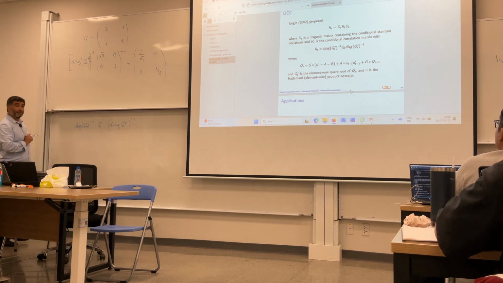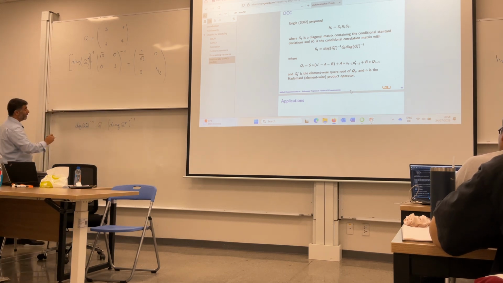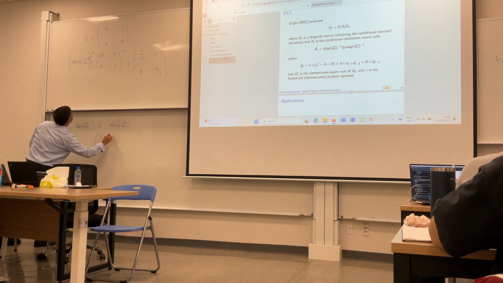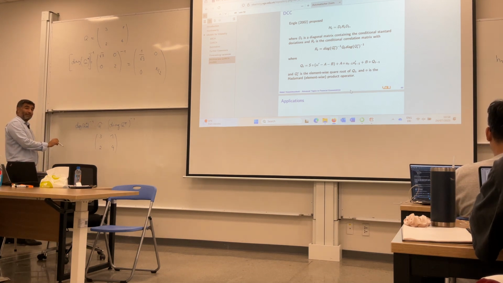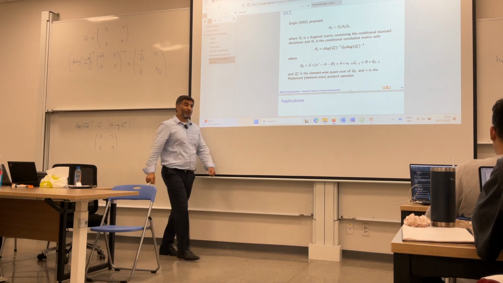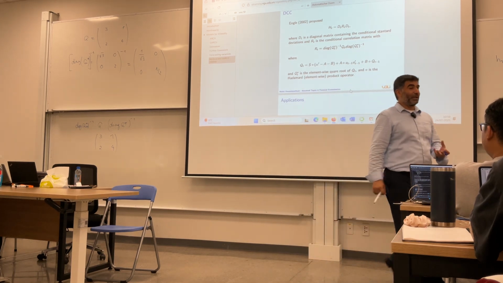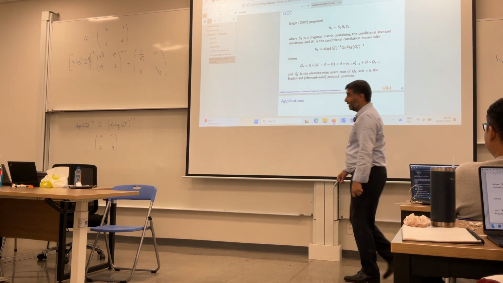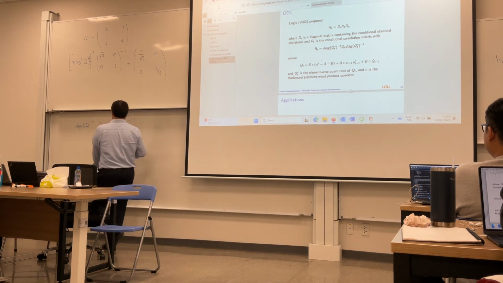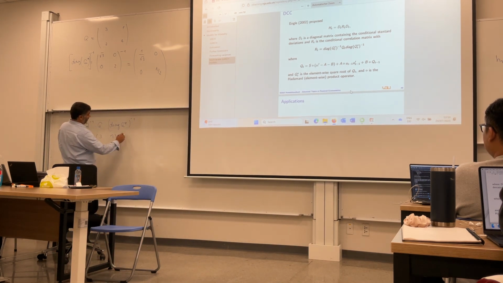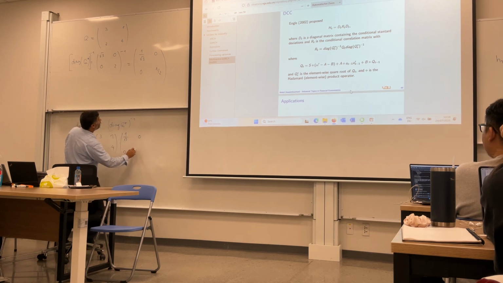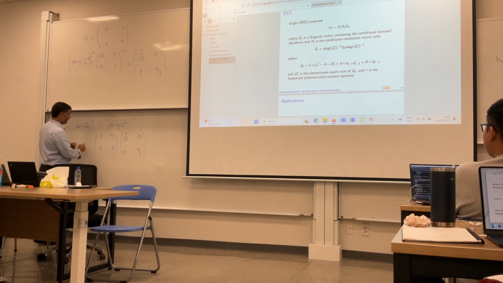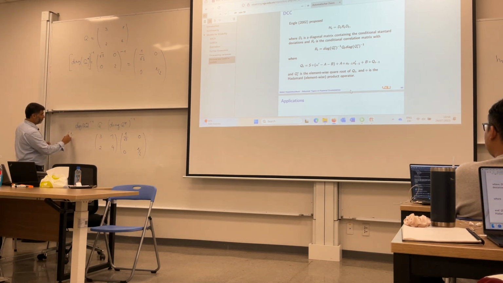Let's see what happens. Here we have 3, 1, 2, and 4. You should understand this because when we do the implementation, it will be a little complicated. That's why I do this very simple exercise. Then post-multiply by 1 over square root 3, 0, 0, 1 half.